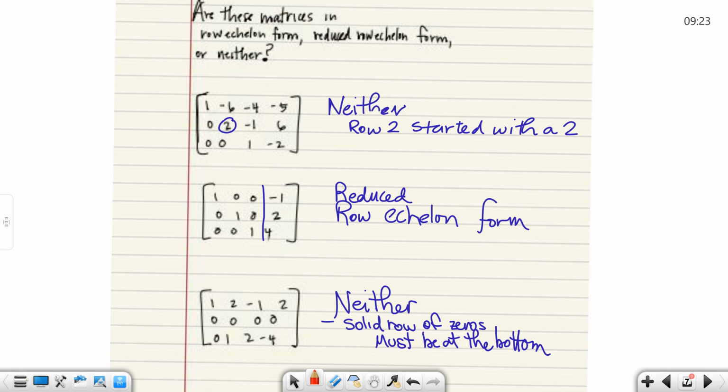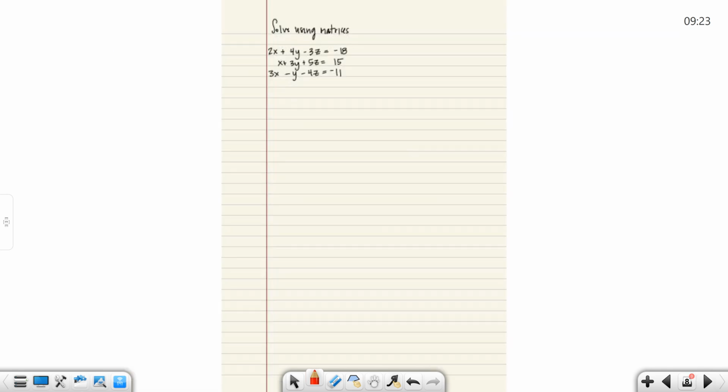Yes. All right, so let's work one. We already talked about that. Looking good. All right, so I ask you to solve this, and I ask you to solve it using matrices. We're going to work this one all the way out.